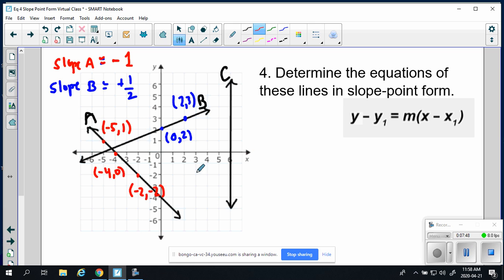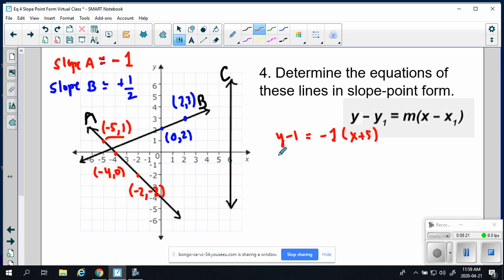So in the first example, if you were to start to label convenient points on slope A, you're going to get a lot of convenient points. So how do you know which of these points you should use for the equation in slope point form? So I'm just going to do it with the first one first, y minus y1, so y minus 1, I'll use this point right here, is equal to -1 because that's the slope, and then x minus x1, so +5.